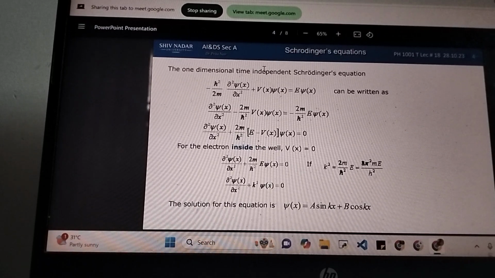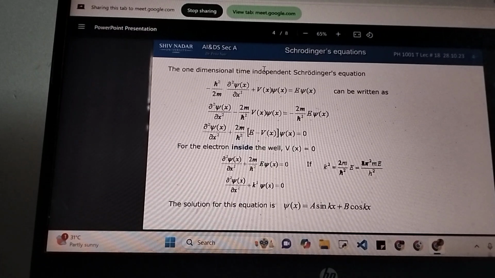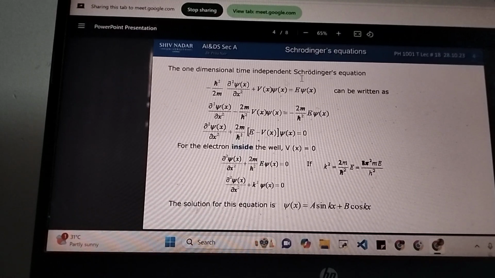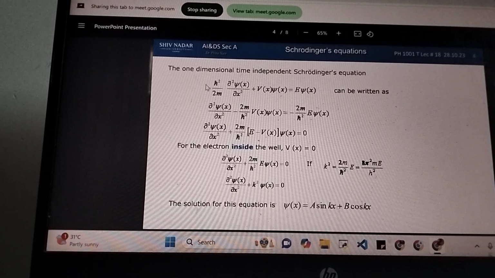Because the potential is constant. It is either infinity to the left of 0 and to the right of L, or it is 0 potential between 0 and L. So the potential is not varying with time in any sense. This is the equation. How did this come about? We derived it in the previous lecture.